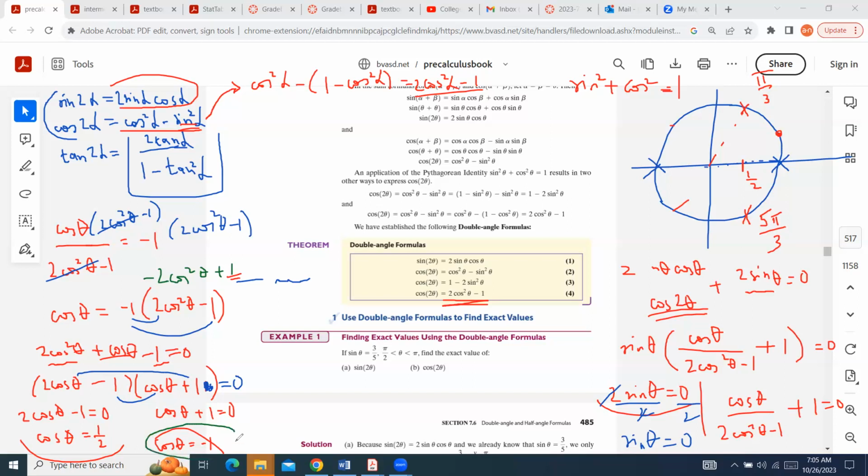And finally, the last one, cosine theta is -1. Well, look at this. Cosine theta is -1 is at this same point. So that is included in the case of the first one, when sine is 0. Cosine could be either positive or negative. So here's my set of solutions: pi, 0, and those 2 more points on the unit circle.